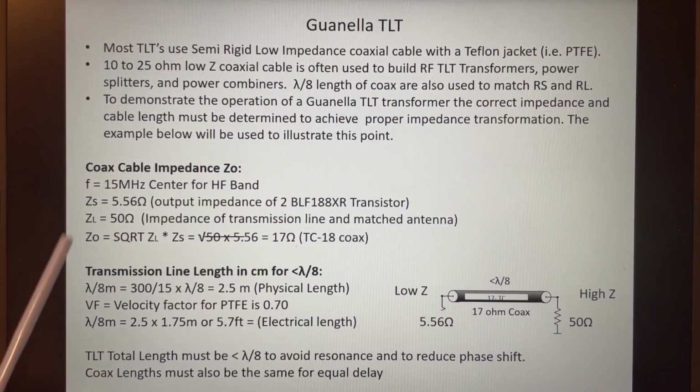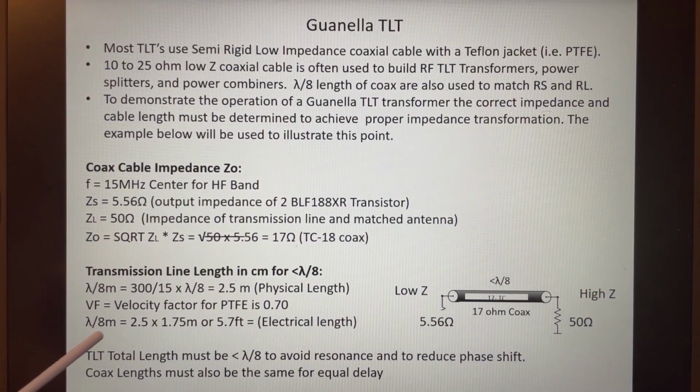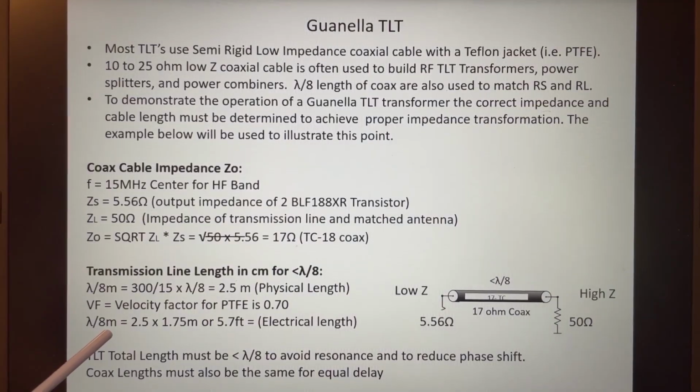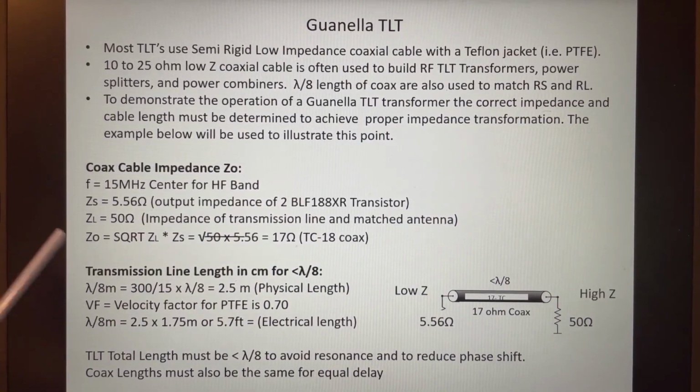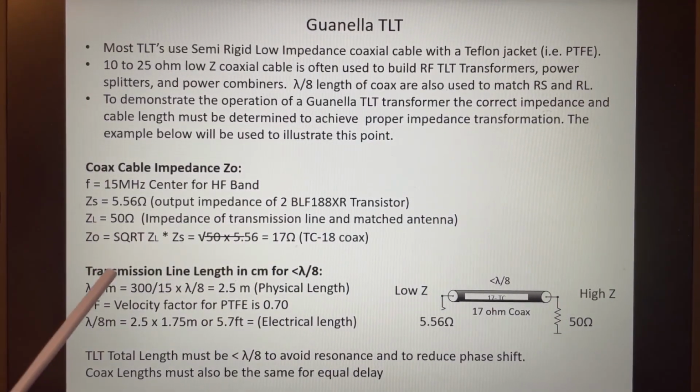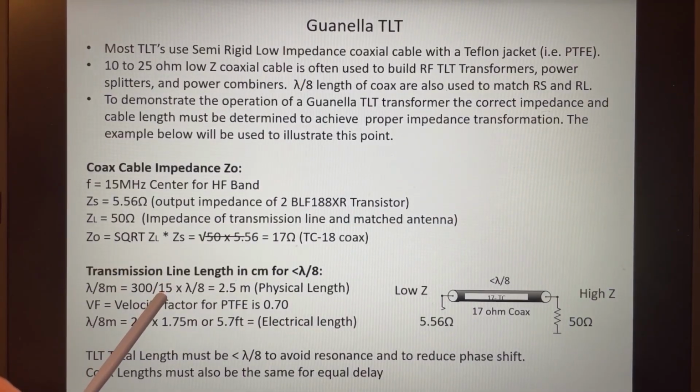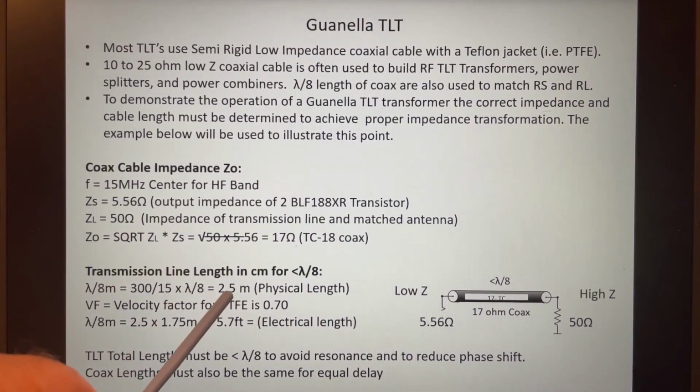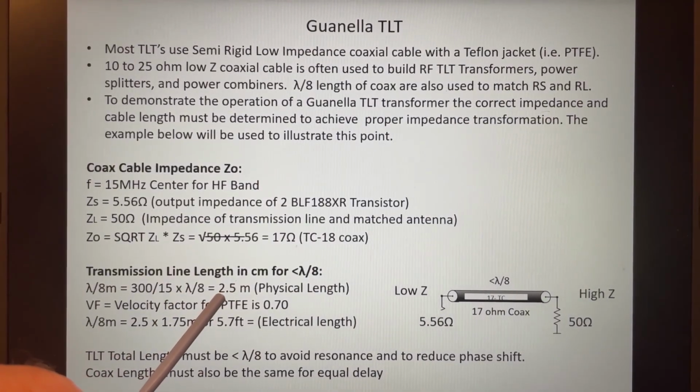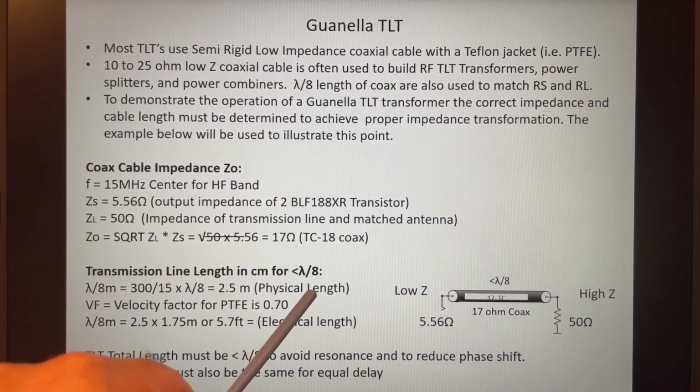And then for the length, you're just calculating the length of an eighth of a waveform. So we take 300 divided by the frequency times an eighth of a wave, which is 0.125, and we get the physical length of 2.5 meters. That's our physical length.